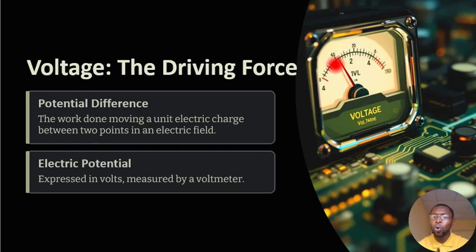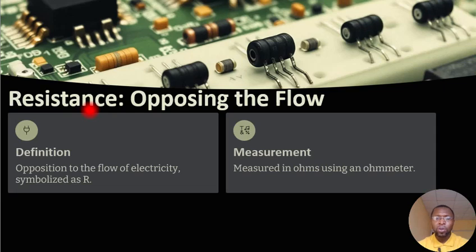Okay, so it's simply the work done to move a charge from one point to another in an electric field. That's what the voltage is, and we call it potential difference, or in short form, PD. Right?